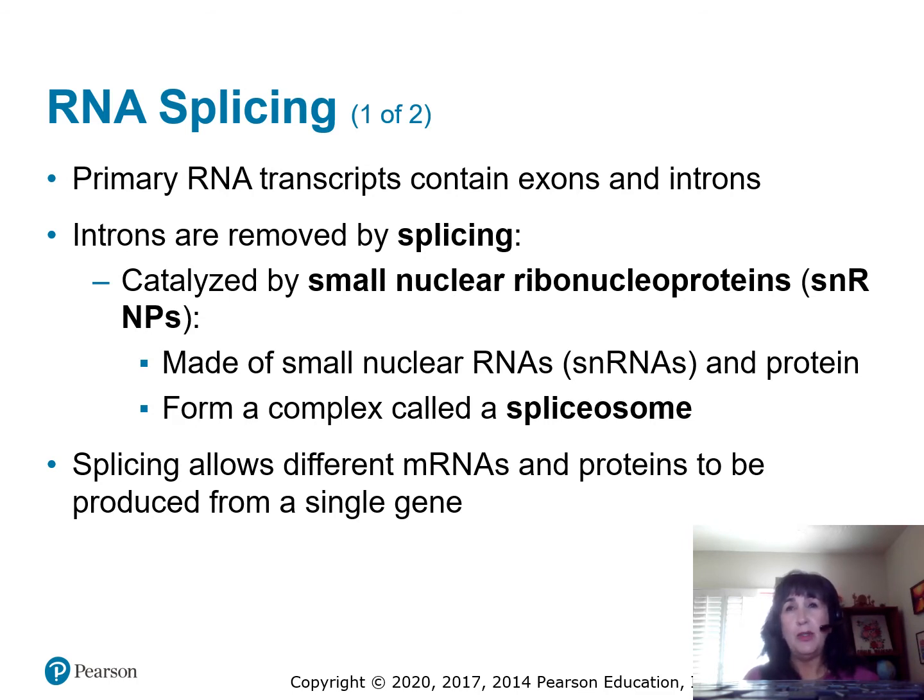So I see little Smurfs, but I'm really thinking about snRNPs. That's my little mnemonic device. Hopefully you'll come up with one. Anyway, these snRNPs help splice out the non-coding regions. In other words, they're going to remove the introns.